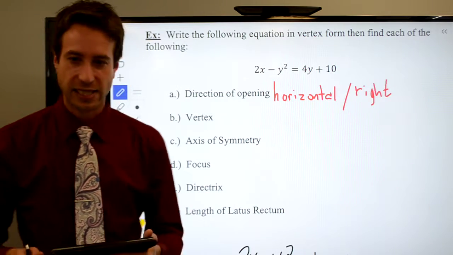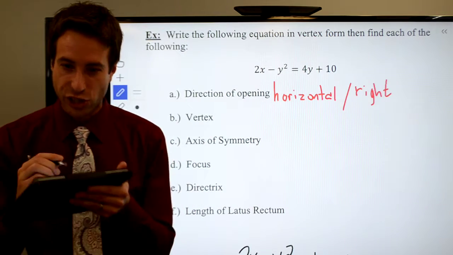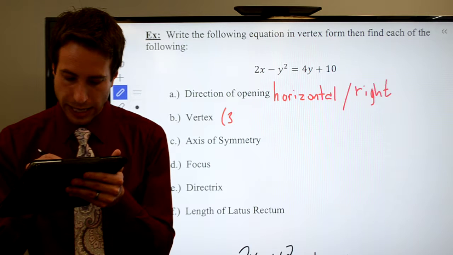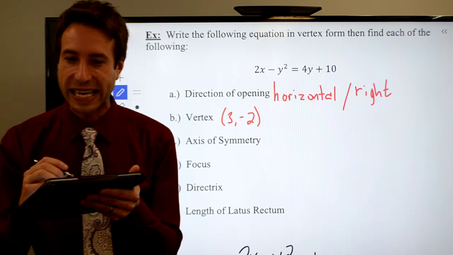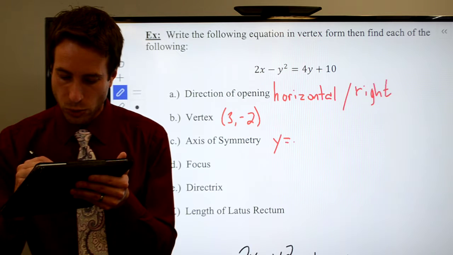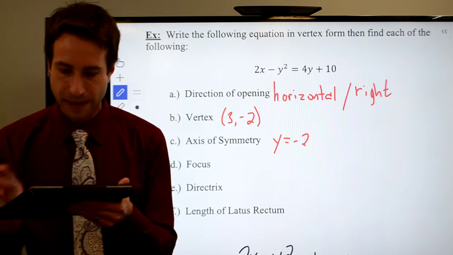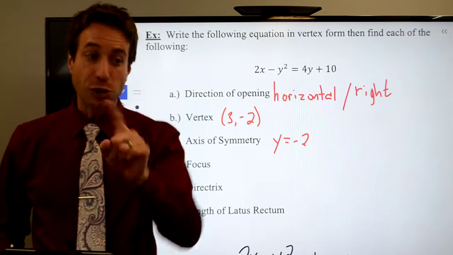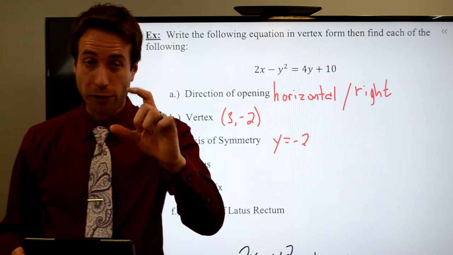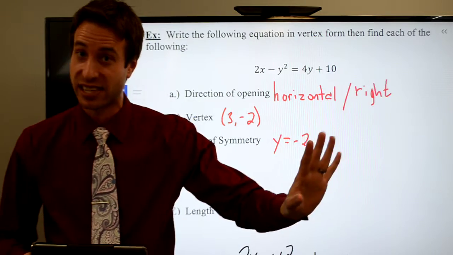The vertex is now going to be at (h, k), but it's (3, -2). The axis of symmetry is now y equals k, so y equals -2 is what I get. The focus is at h, right? Watch it, it's h plus 1/4a. Now that 1/4a is added to the h instead of the k, right?